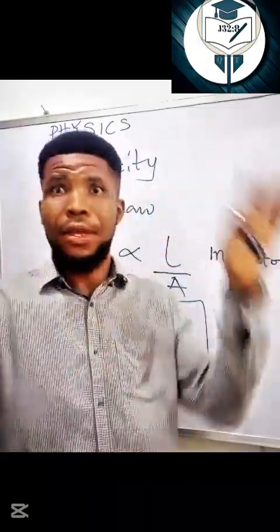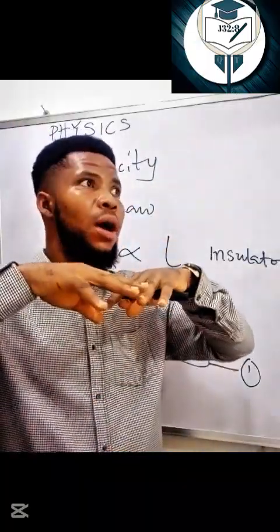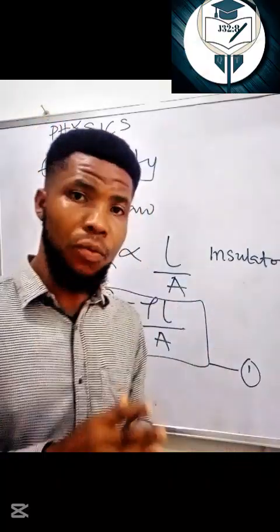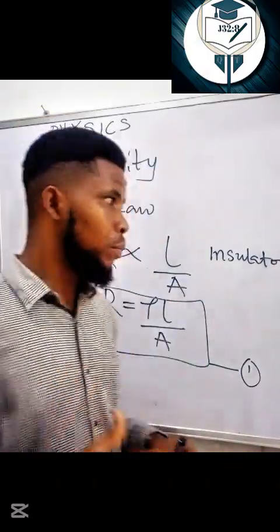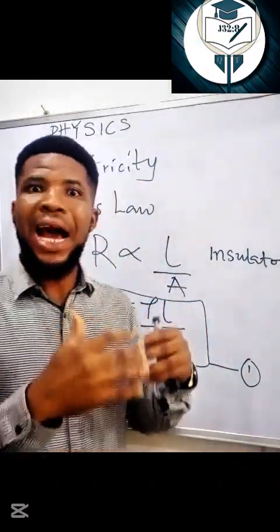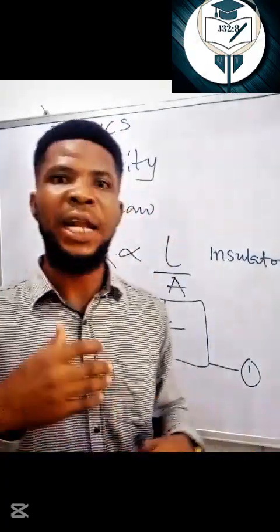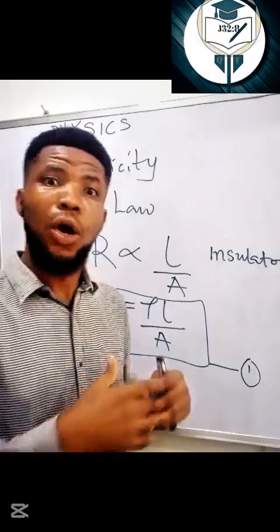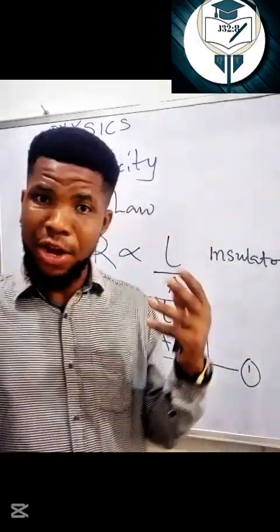For instance, air, or let me say, gas. Gas does that at a very high voltage and a very low pressure. But we're talking of some materials that are used as insulators at a voltage of about 20,000 plus or more, then they conduct electricity. So you have to be very careful.